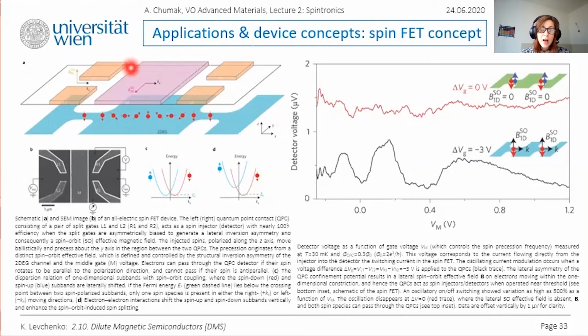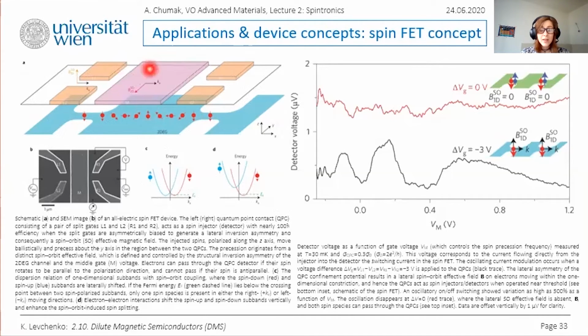So the QPCs are narrow, as you may see here, short one-dimensional constrictions that are usually formed by applying voltages to split gates. They are patterned on the surface of the semiconductor, and they generate completely spin polarized current due to spin-orbit coupling and/or electron-electron interaction.